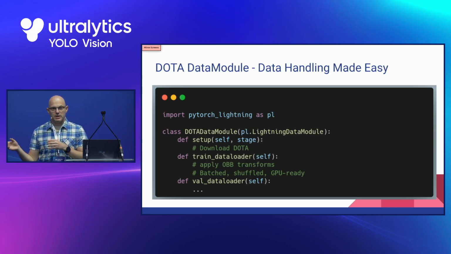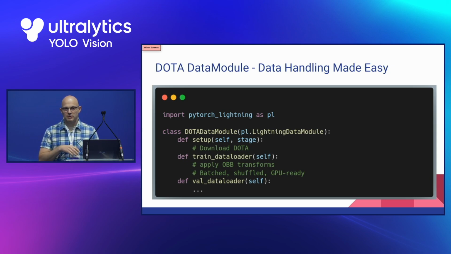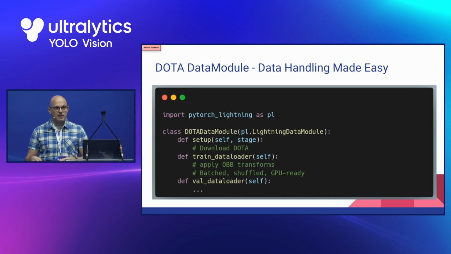For example, if you run multi-GPU training, for each node you would eventually need to download the dataset if it's not ready yet. Then you define how the training data loader is created, and you don't need to bother with how it's moved to the GPU or any device, because the trainer gives it to you automatically.